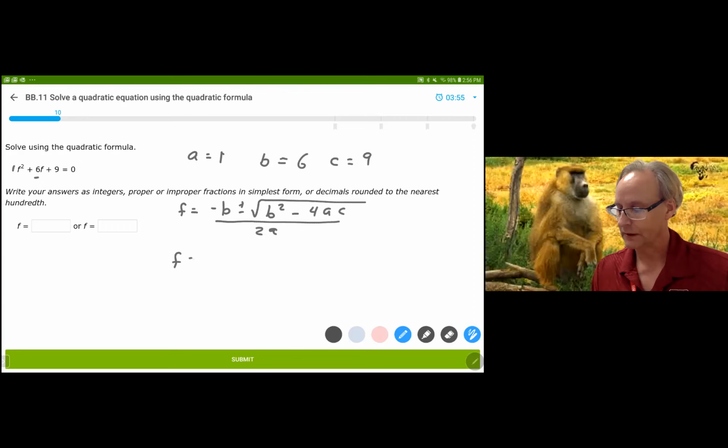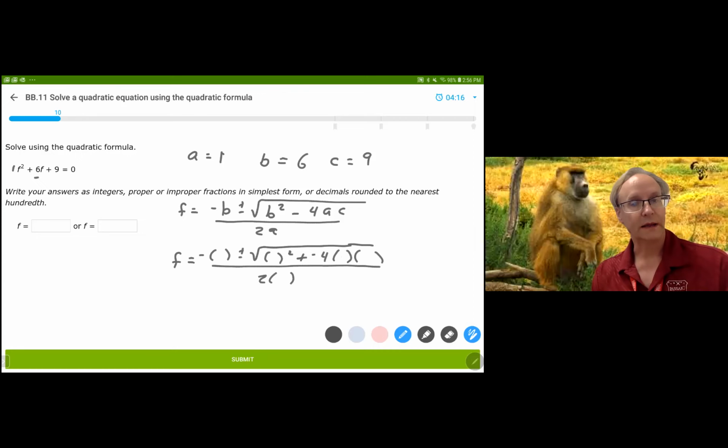Now, what I'm going to do in the future is not write out the formula. I'm just going to put the parentheses, and I'm going to slowly increase the speed on this just a little bit. Minus, remember I like a plus and negative 4. You'll find out why that's important if you do enough of these. And we'll put in our A, B, and C. So in this case, we have negative 6, because the 6 gets substituted in.